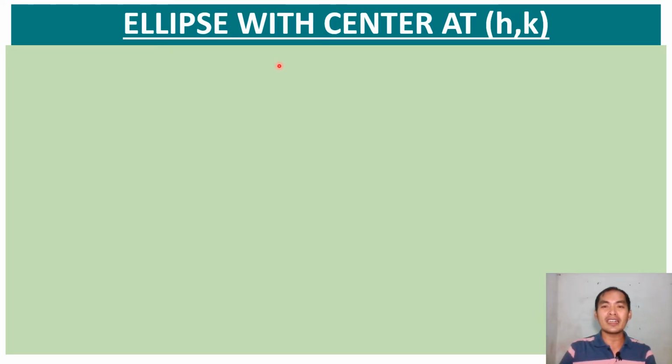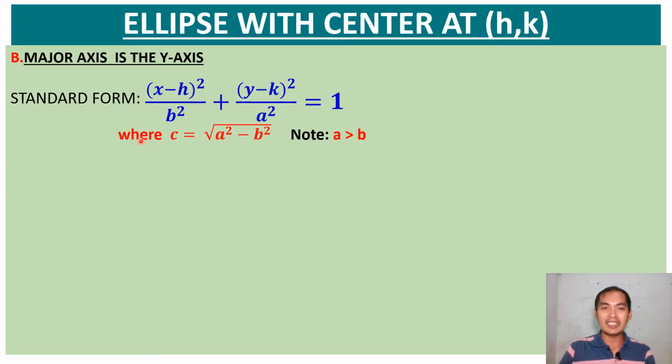Ellipses with center at HK, where the major axis is the y-axis or the orientation is vertical. Here, the denominator of the variable y is bigger than the denominator of variable x. Kaya doon nakalagay ang a sa ilalim ng variable y.